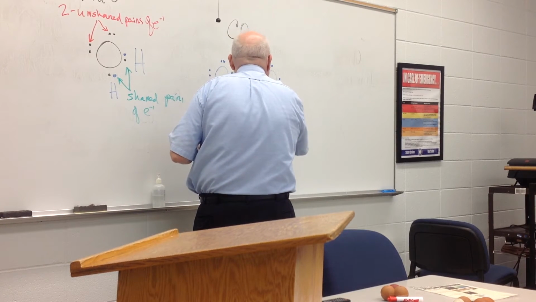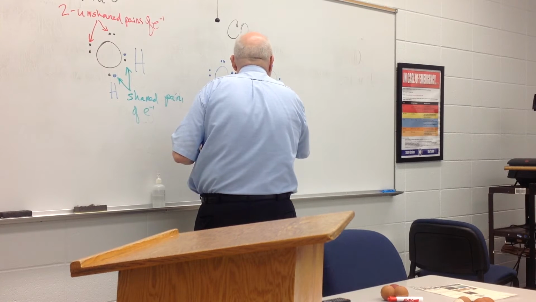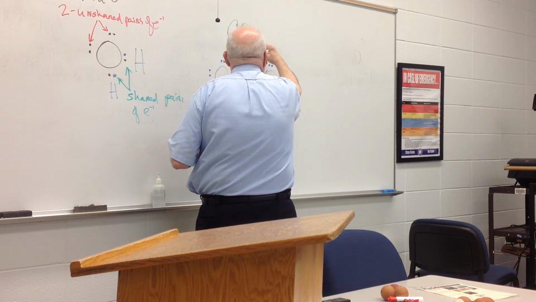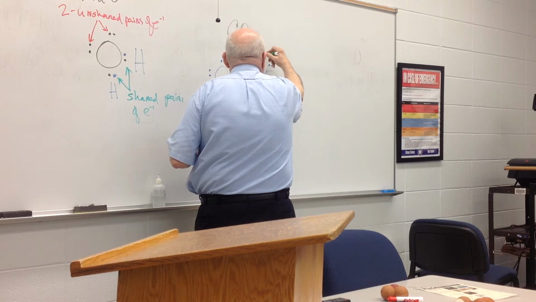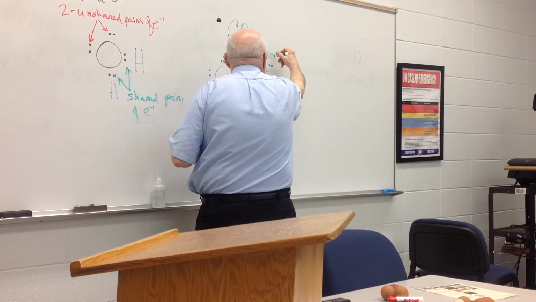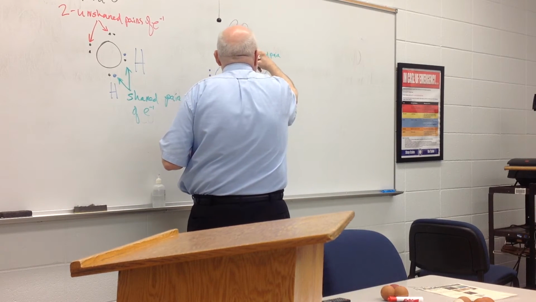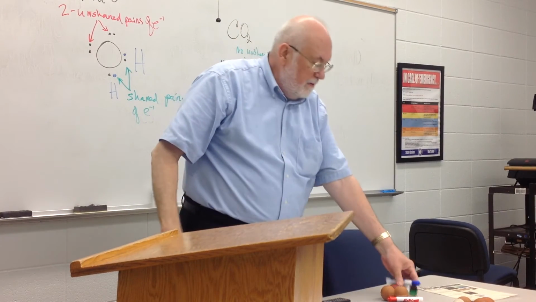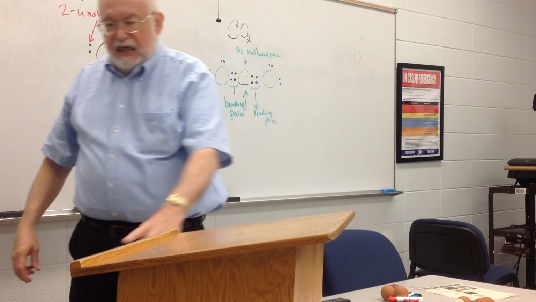So are these. They're bonding pairs as well. And there are no unshared pairs of electrons on this central atom. So what is the shape? It's linear.